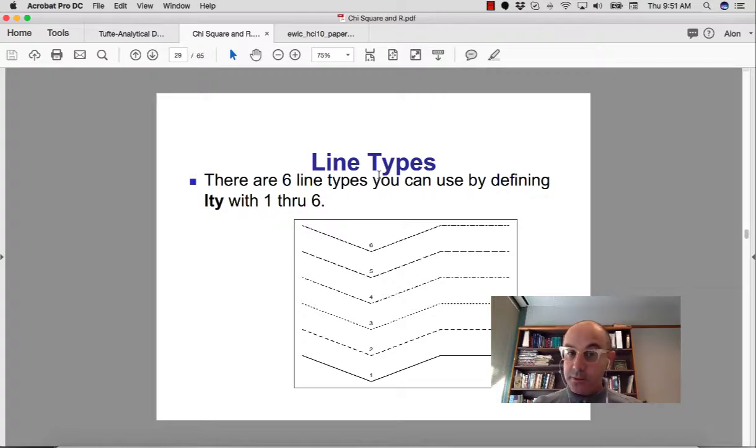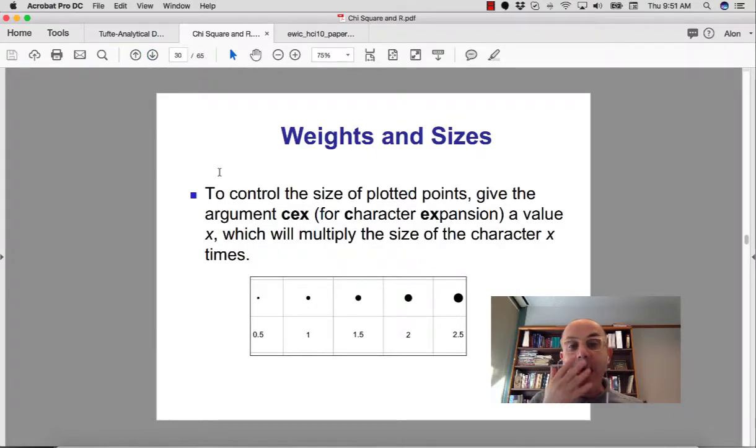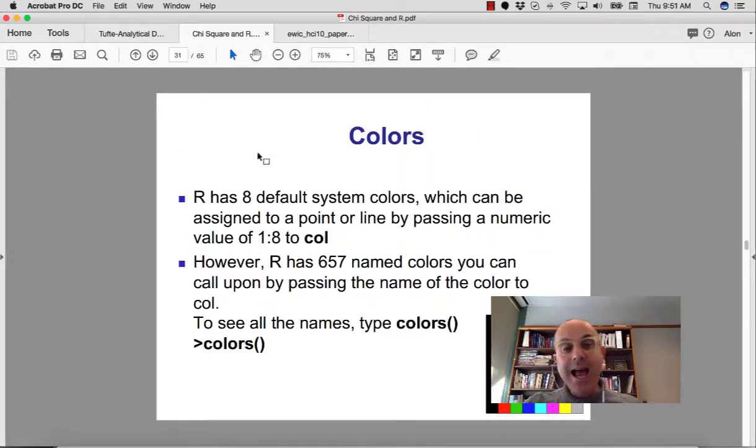Again, we have 6 types of lines, and we have width and size, and each of that can be controlled in the arguments that you put forward in your execution. Colors: by default we have 1 to 8 colors, which is the basic. 1 is black, 8 is gray, and in between we can go overboard.